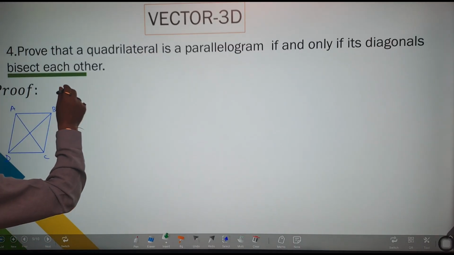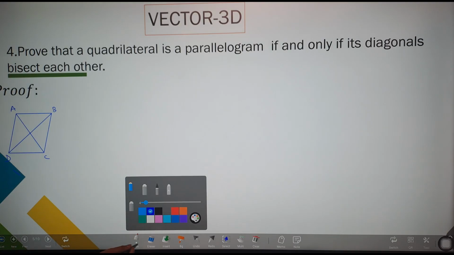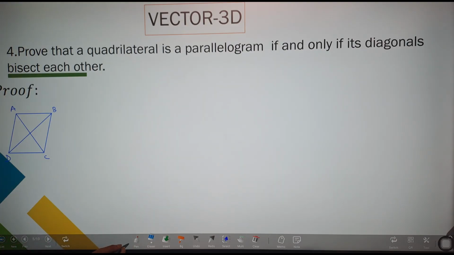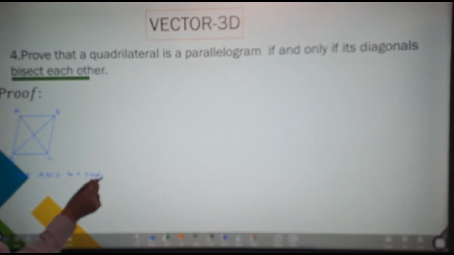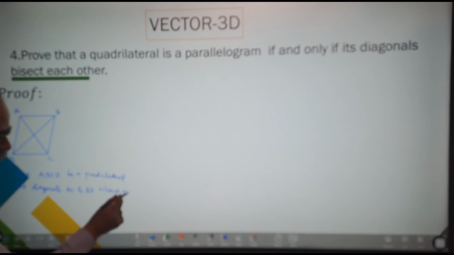Okay. Let ABCD be a quadrilateral. So first we'll assume, let diagonals AC and BD bisect each other.